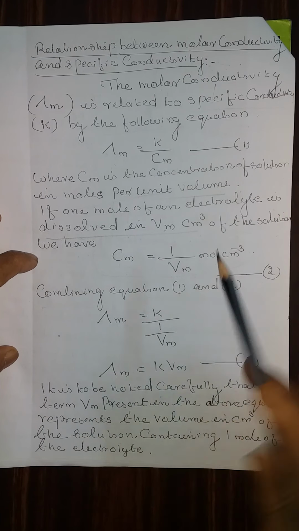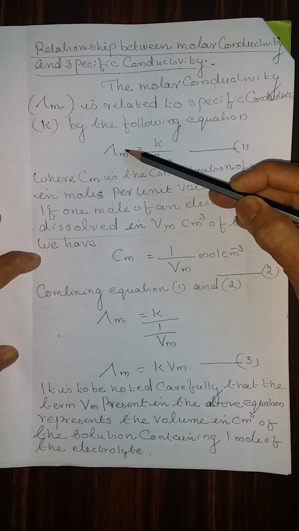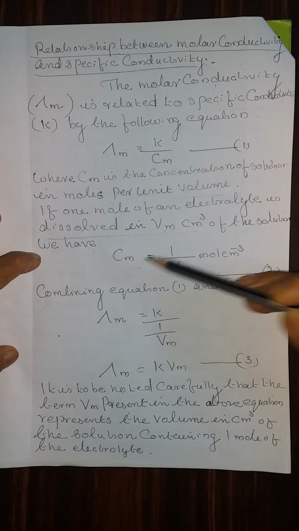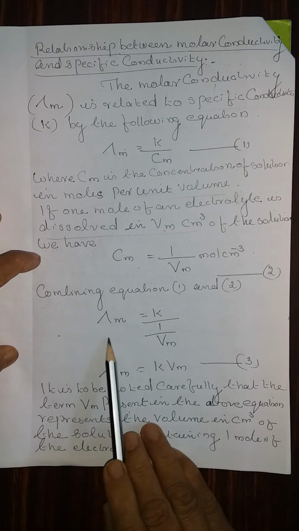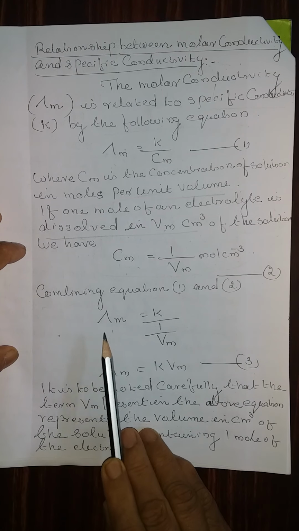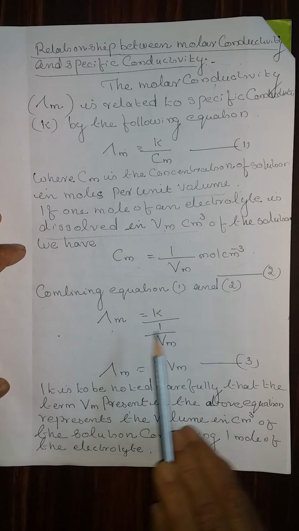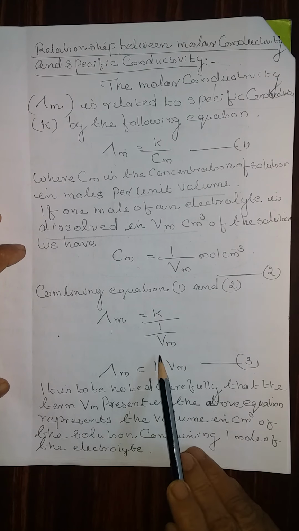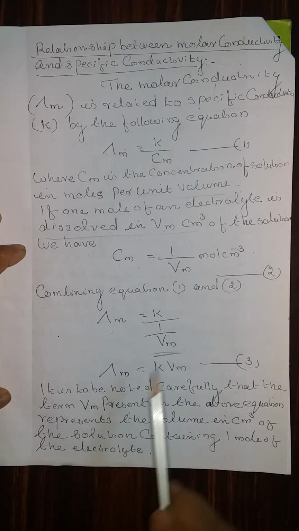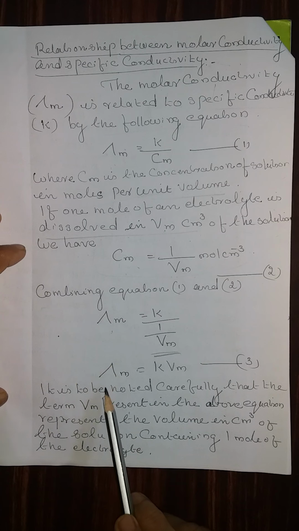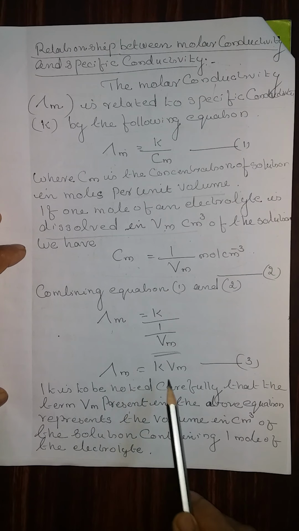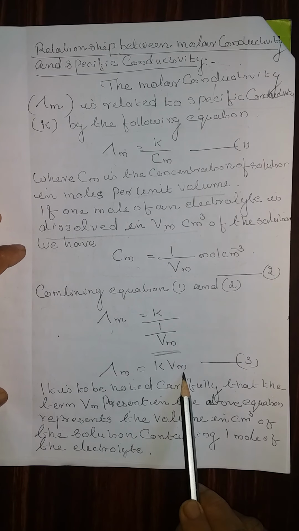Combining the two equations 1 and 2, that is delta M and Cm, you arrive at another equation. Molar conductivity or delta M is equal to kappa by 1 by Vm, which is equal to kappa into Vm.